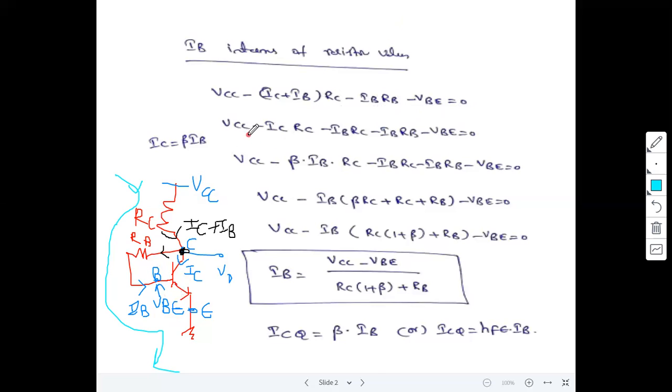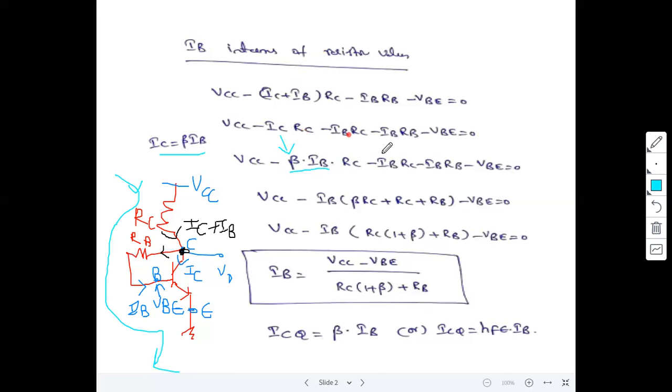Now simplify this. Substitute the condition IC is equal to beta times IB. Why am I replacing IC with beta times IB? We are representing the base current in terms of resistor values and junction voltages. Wherever I see IC, I replace it with beta times IB.